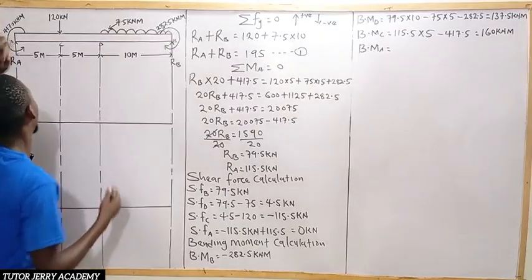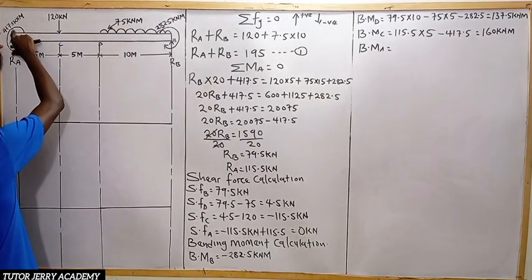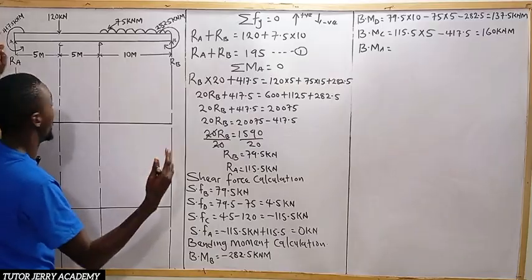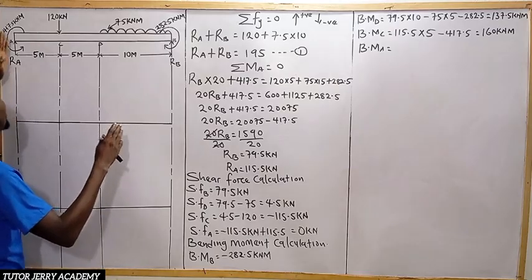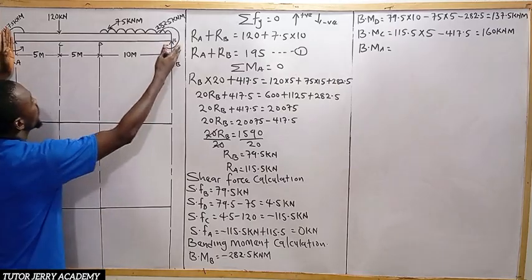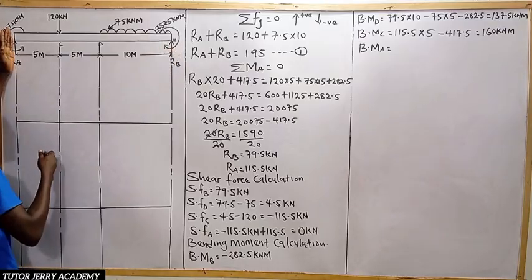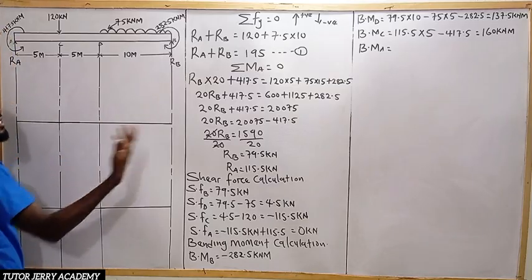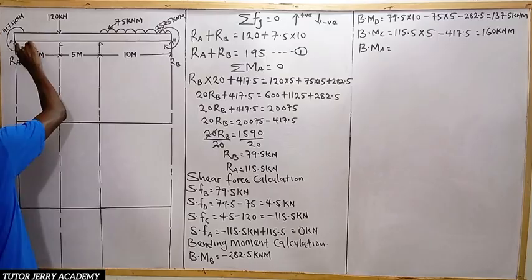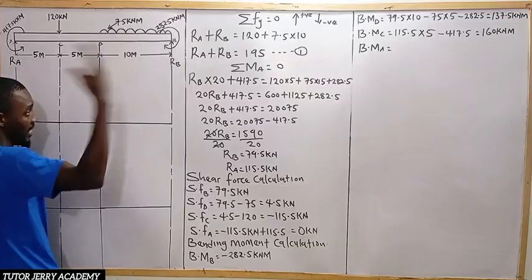But the only moment that we are going to have is just this moment that is here. Oh, sorry, I might be wrong. If we stand at this point, it's a simply supported beam. You can take your moment towards this side. But instead of me doing that, I know it's a total waste of time. I can stand here and take the moment towards this side, just as I explained earlier.